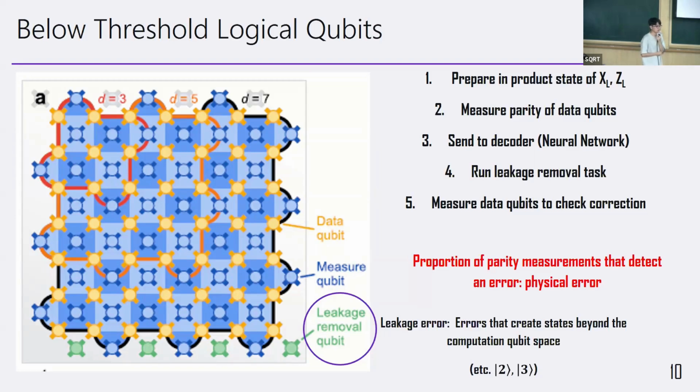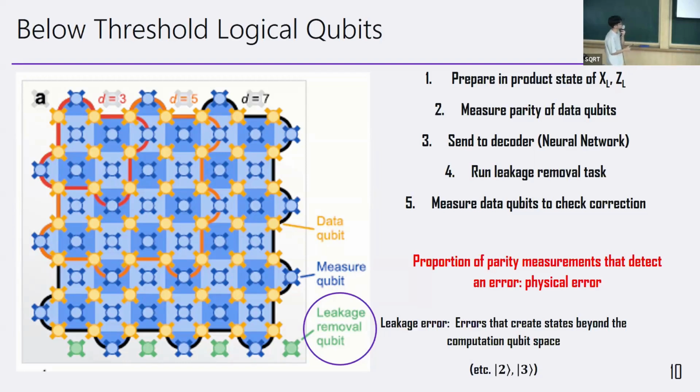But if you somehow make it to state 2 or 3, we're not going to use these, as they aren't in what's called the computational Hilbert space. Any error that causes 1 or 0 to turn to 2 or 3 or more is called a leakage error. These are really hard to correct because we don't know the original origin. Was it a 0? Was it a 1? You don't know, so leakage errors are quite troublesome.